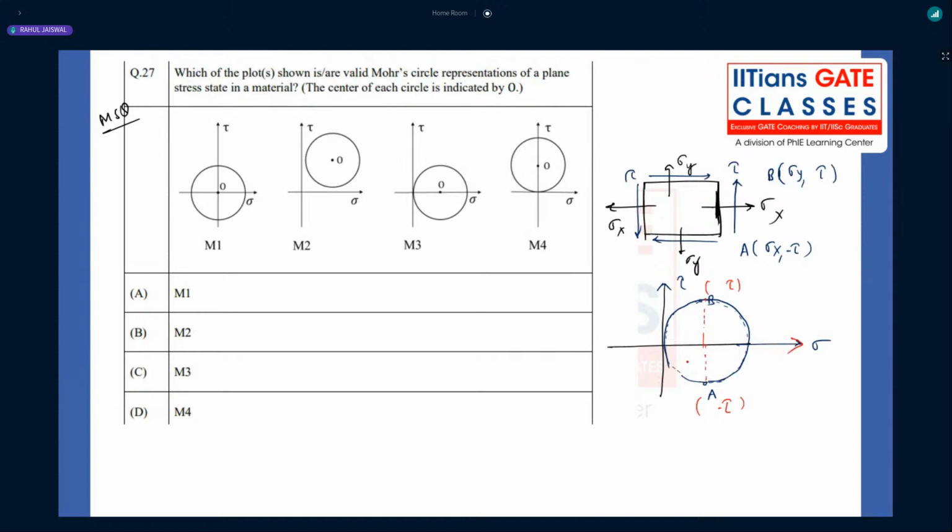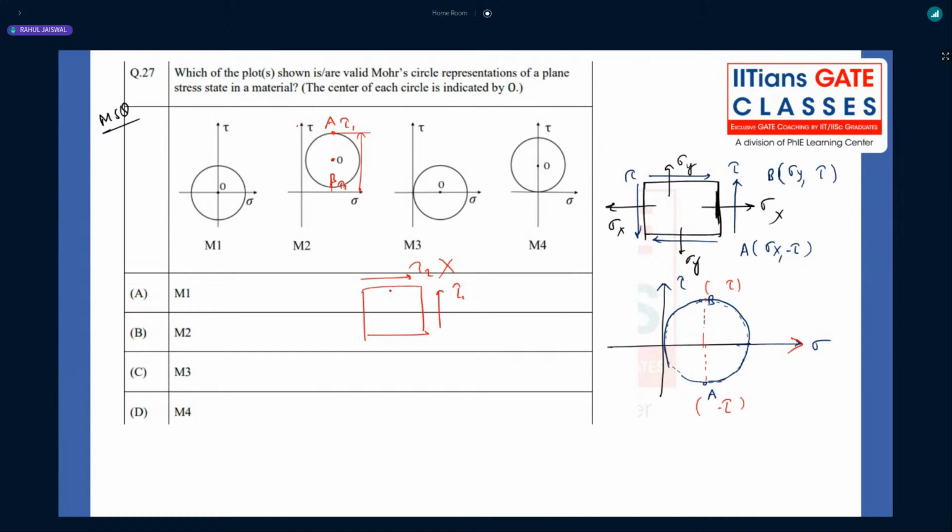It cannot be unsymmetric about the x-axis, because if here we get tau 1 and here tau 2, there is a height difference between point A and point B on the y-axis. That would mean your material is being subjected to tau 1 and tau 2.